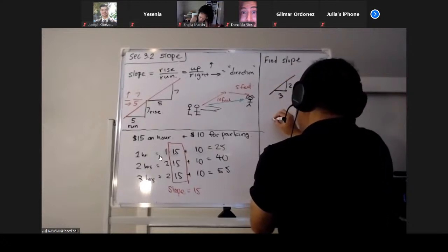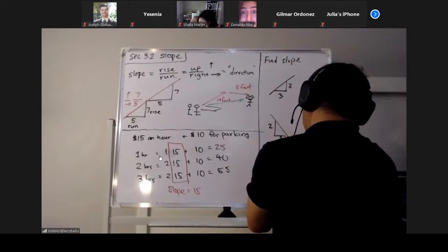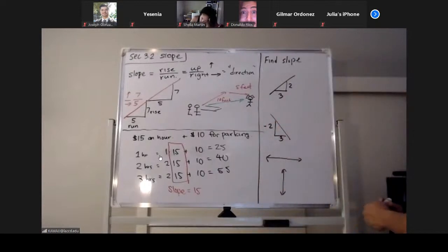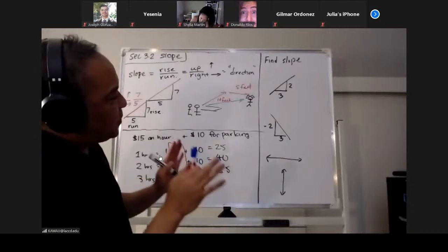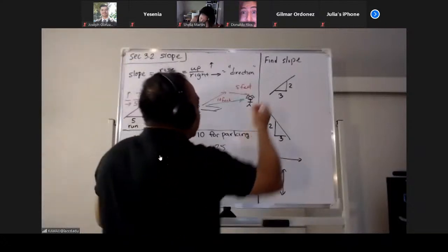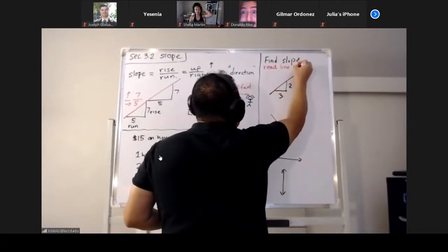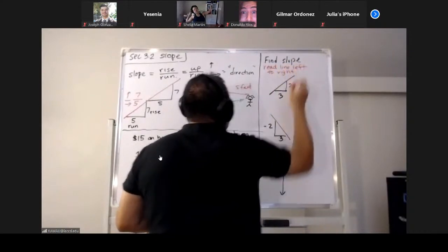It's a triangle going down. It's horizontal, and then it's vertical. Okay. Now, whenever we're looking at slope, we always go left to right. Okay. So go ahead, copy that.